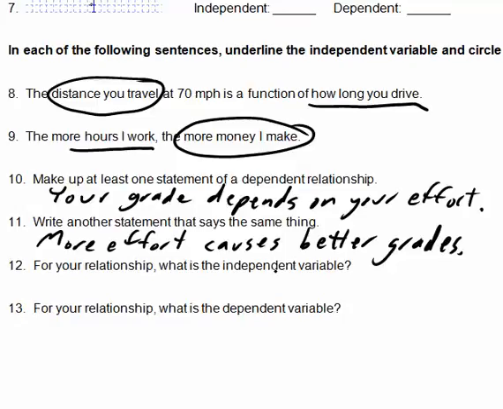So what is my independent variable? What happens first? The effort or the grade? Does the effort cause the grade, or does the grade cause the effort? The effort comes first. So the effort is the independent, and the dependent is what happens second. So that's the grade. You have to come up with your own example. You can't use that one.